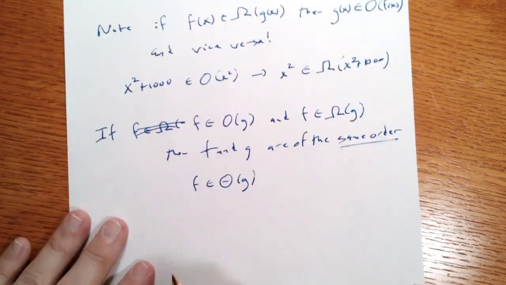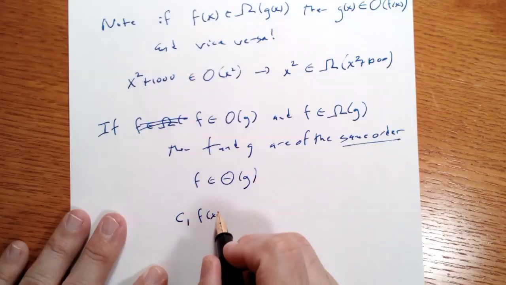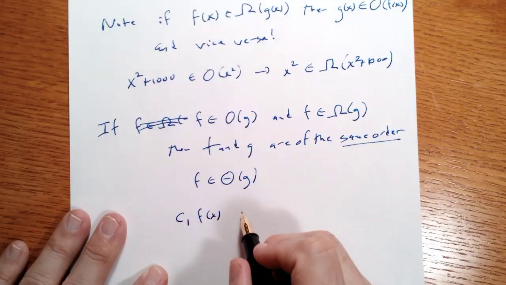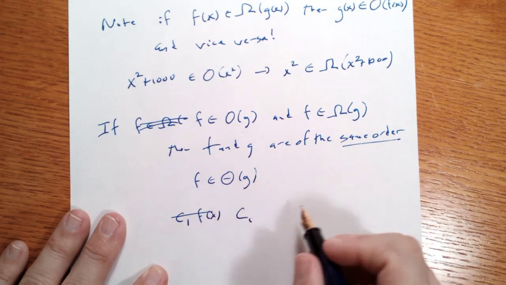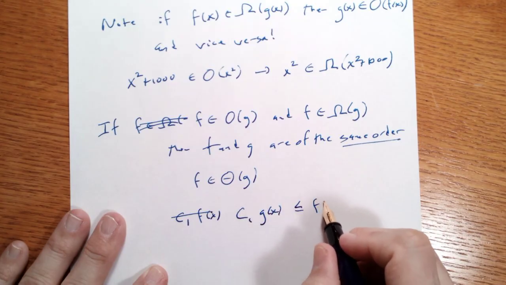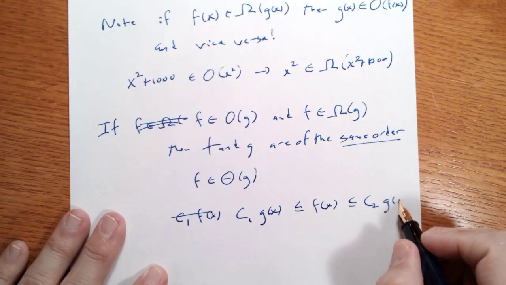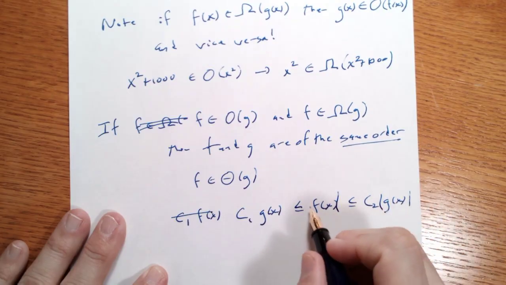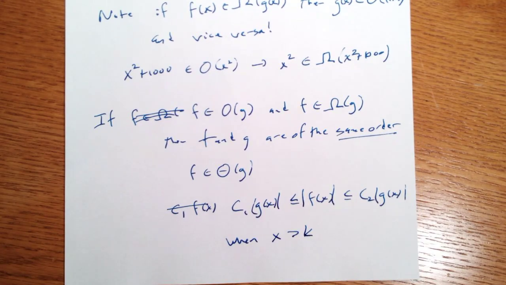But that's the same as saying that C1 g of x, sorry, I wrote f and g, C1 g of x is less than or equal to f of x, which is less than or equal to C2 g of x, when x is bigger than k. So instead of finding one witness, we find two witnesses.